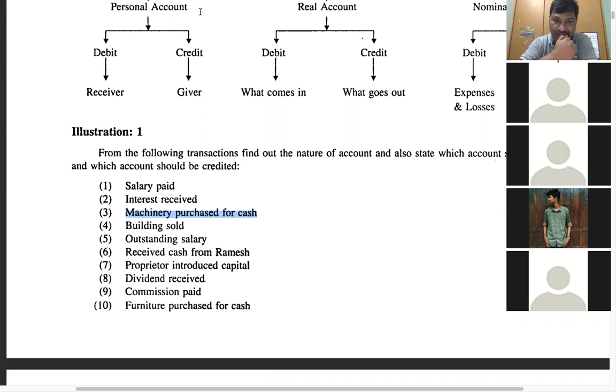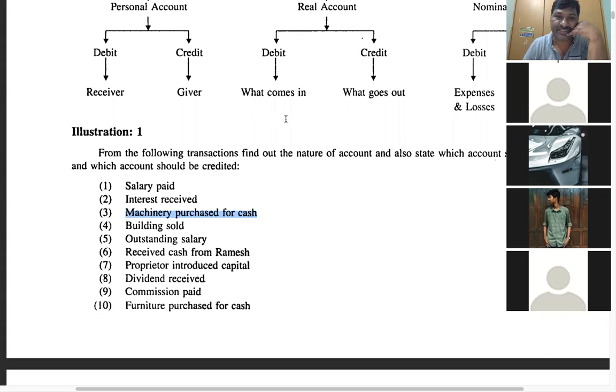Normal account. What are the aspects? Two aspects. Dividend is one aspect and received is one aspect. What have you received? Cash. Cash is received. When it is received, it comes in. Cash is coming in. Then what will you do?